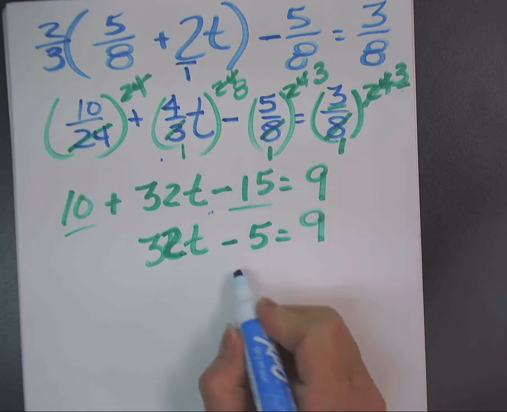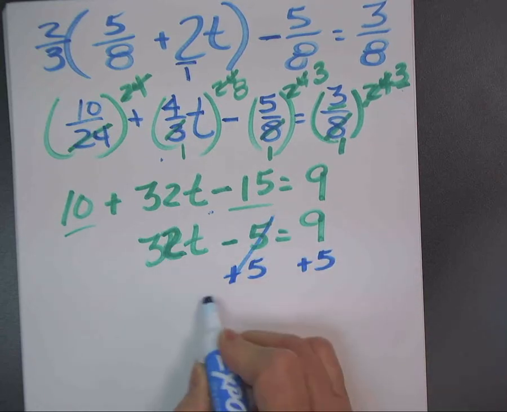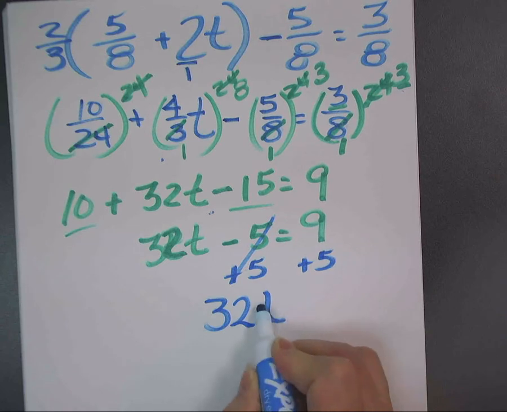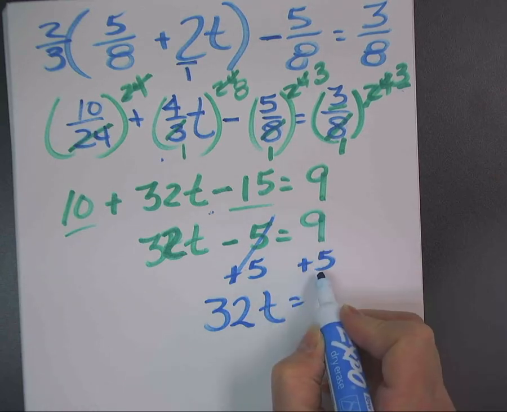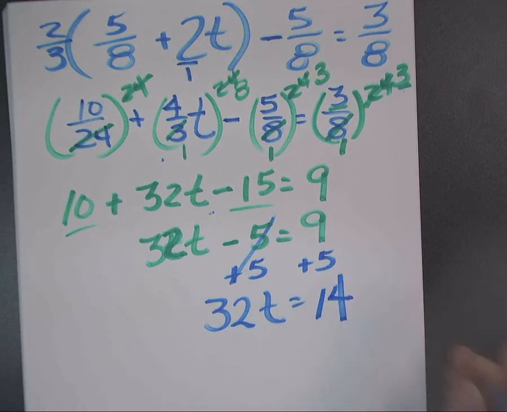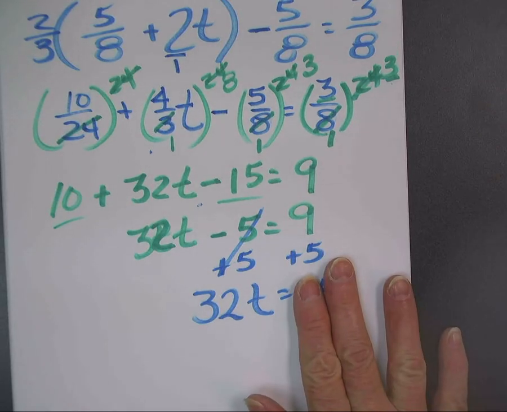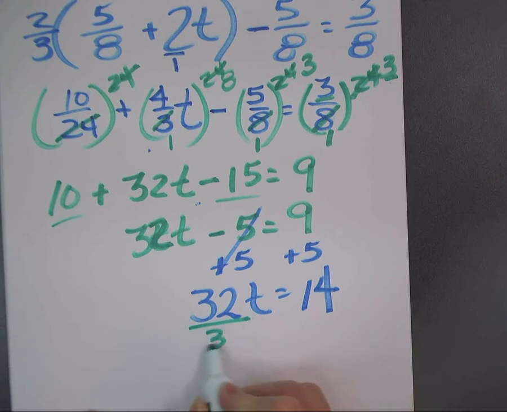Add 5. So we have 32t equals 9 plus 5, 14. And what do we do to solve for t? Divide by 32.